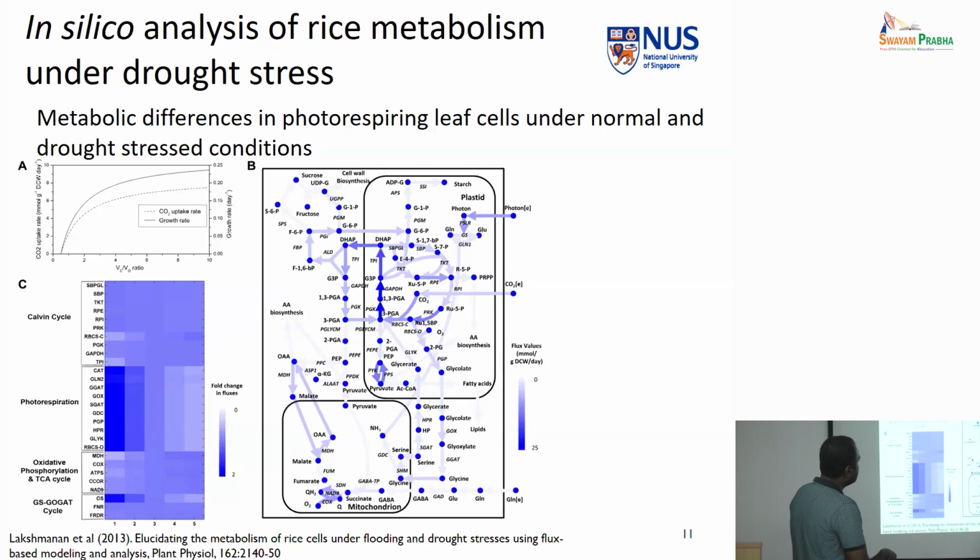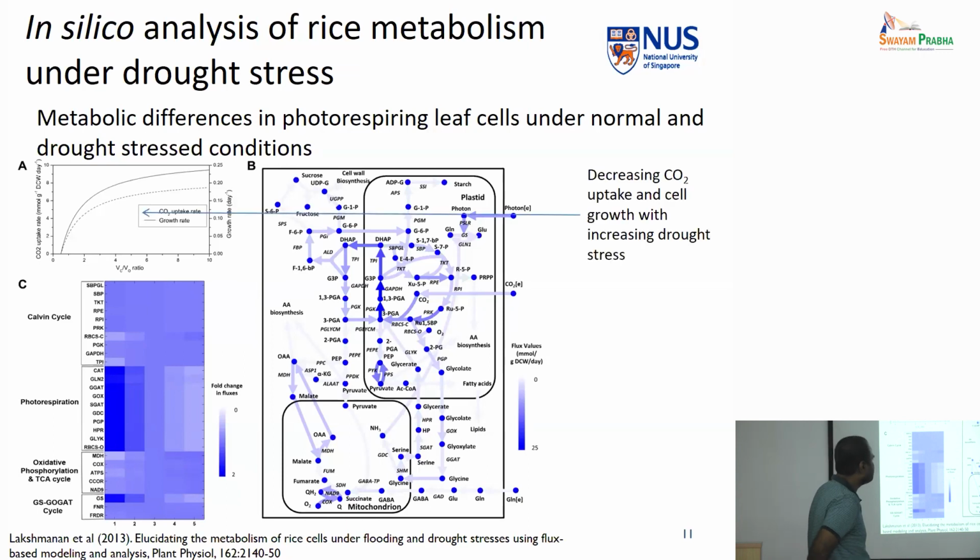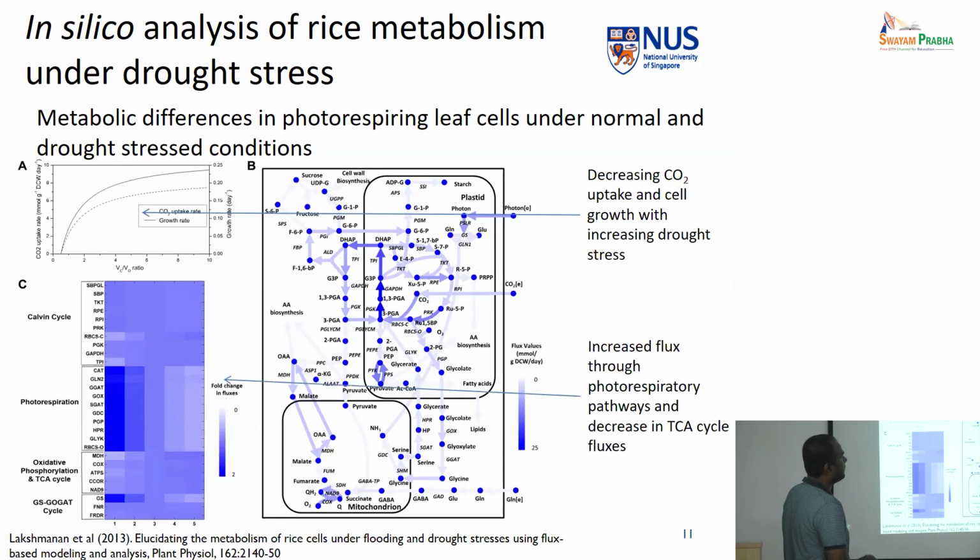But as the oxygen increases, the photorespiration bypass, which involves both the plastid as well as the mitochondrion, has an increased flux. Because of this, they also produce a lot of reactive oxygen species. So this shows that decreasing the CO2 also decreases the ability of the cells to grow. That is what happens in drought stress.